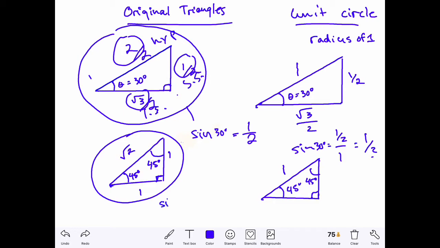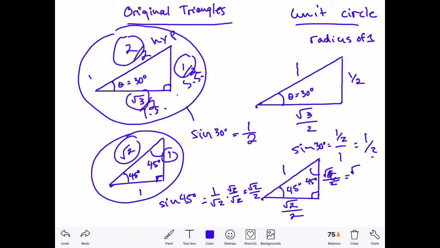The sine of 45 is 1 opposite over hypotenuse root 2, and then I rationalize: root 2 over 2. That's going to be the same thing here too, so that becomes root 2 over 2.